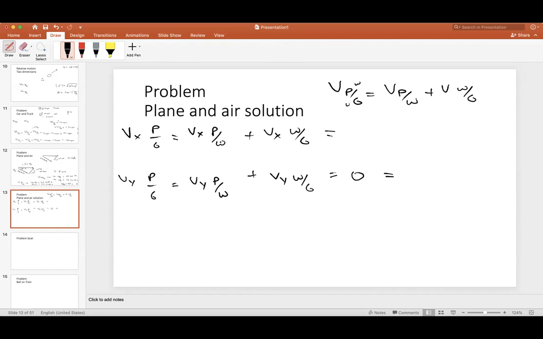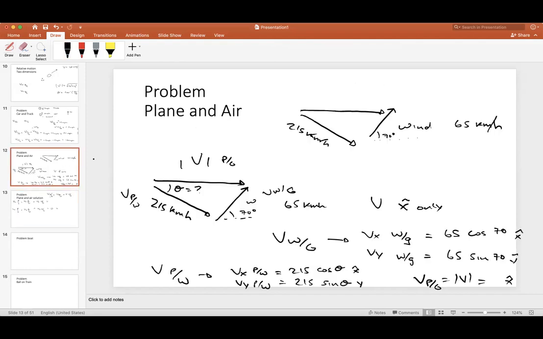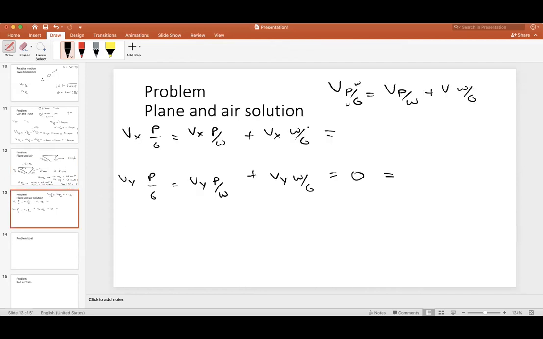We note that V_x of the plane versus the wind, we've already solved this. Plane versus the wind is 215, okay? So this is 215 cos of some angle that we don't know yet. We're going to have to find it. And this is 215 sine of some angle, right? I should note that these are in the x hat direction and these are in the y hat direction.